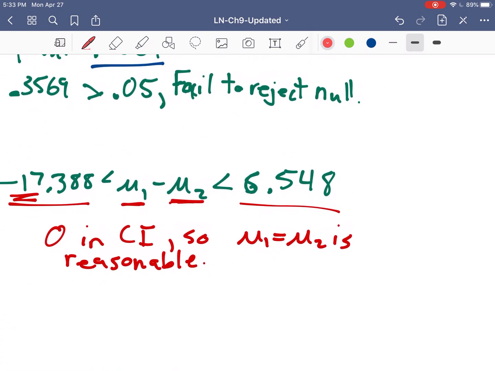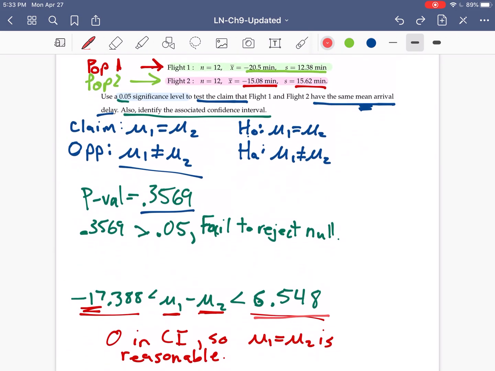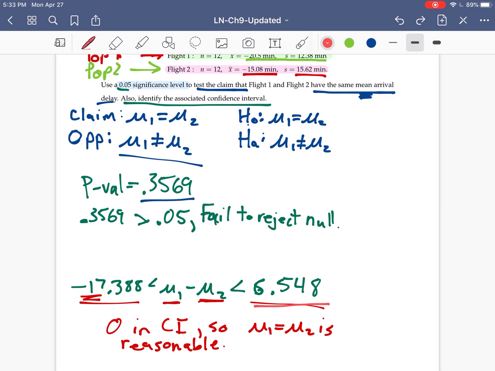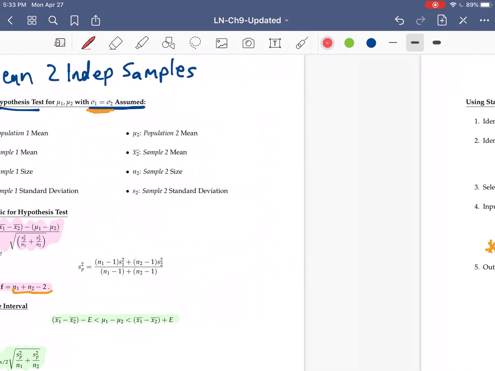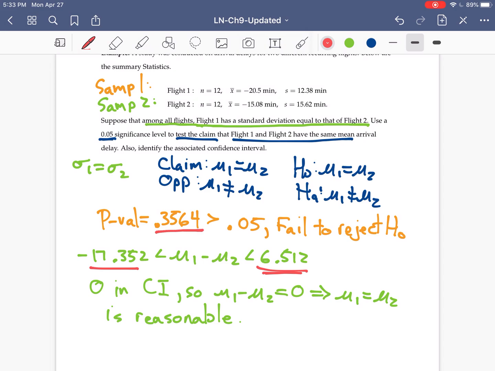Here we had 6.548, and so it only showed up as a difference in those final two values when we look back to case 1. If we didn't change that box, then our values changed really subtly, but they did change. Our p-value the first time we did it was 0.3569. And this time we got a p-value of 0.3564. So it only changed in that fourth decimal place. So be really careful with what information you know, what's given to you.